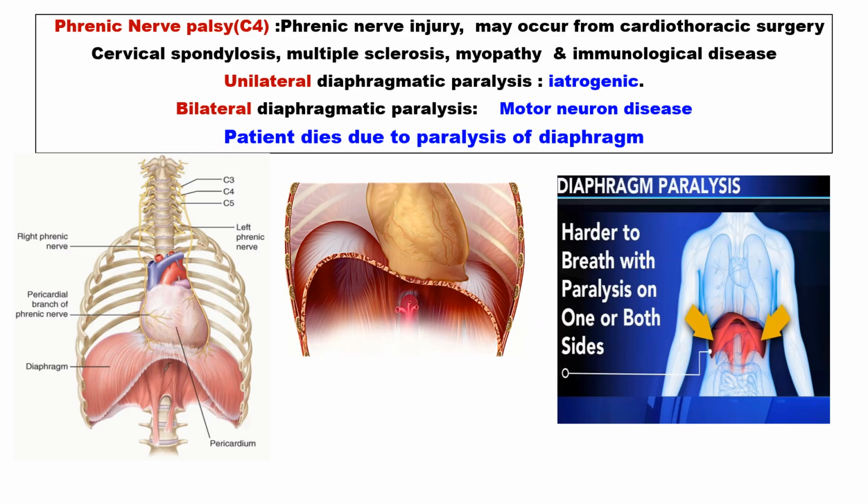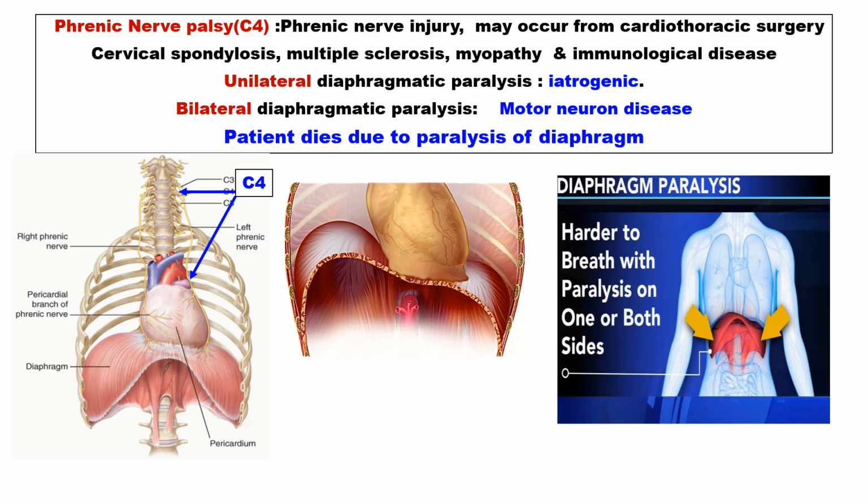Phrenic nerve palsy is at the level of C4 where the phrenic nerve usually arises. Phrenic nerve injury may occur from cardiothoracic surgery, as the phrenic nerve traverses along the right and left borders of the pericardium, cervical spondylosis, multiple sclerosis, myopathies and immunological diseases.